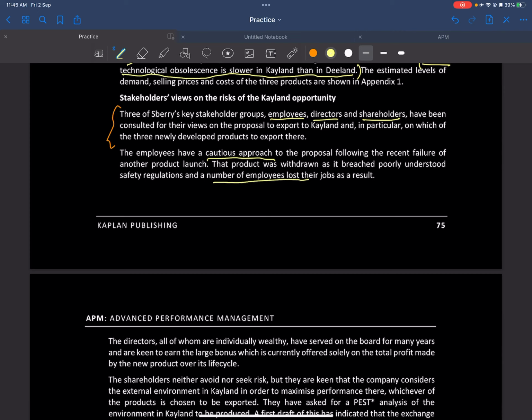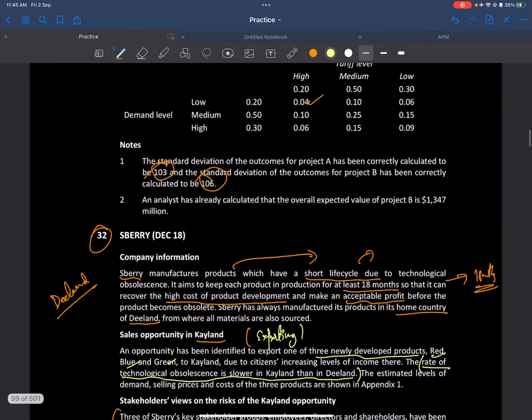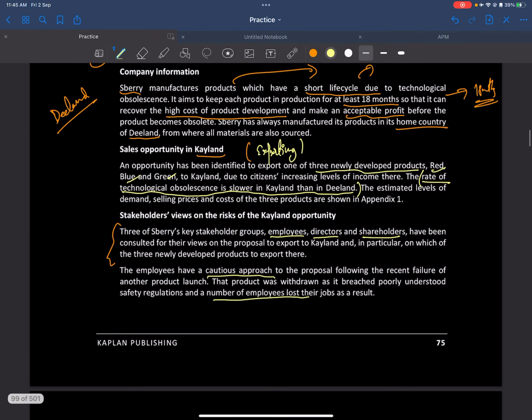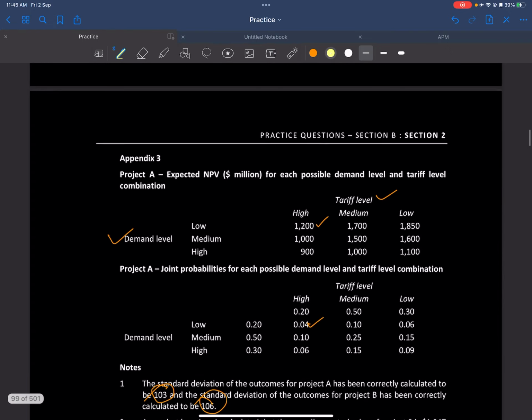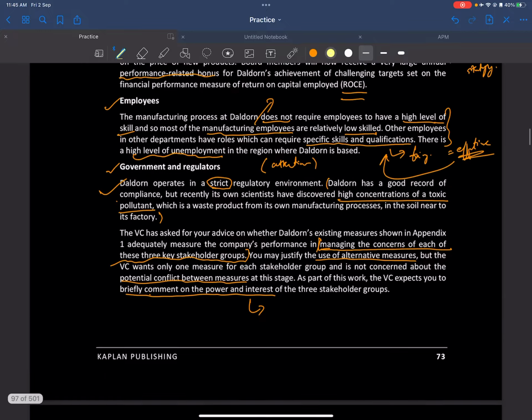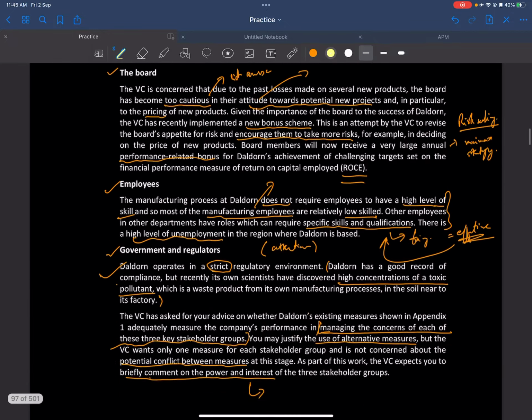So you see in the earlier question as well, they had talked about how there was unemployment in the country, right? In the previous question, that one was about VC funding, what was the name of the company? Daldron, right?